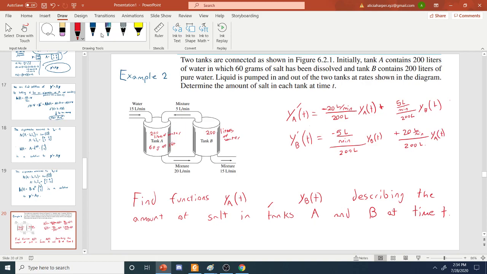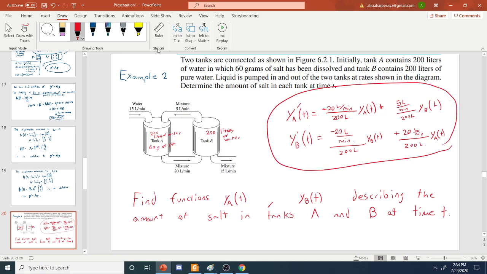But then we also have this flat 15 liters per minute leaving. So in fact, if this is the amount that's leaving, it shouldn't just be -5, it should be -5 and then -15, so -20 total. Okay, now, unlike the equation I wrote down myself, this one is uniquely solvable.